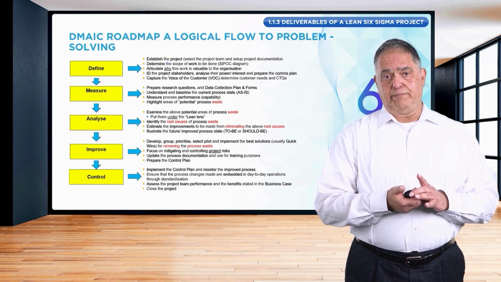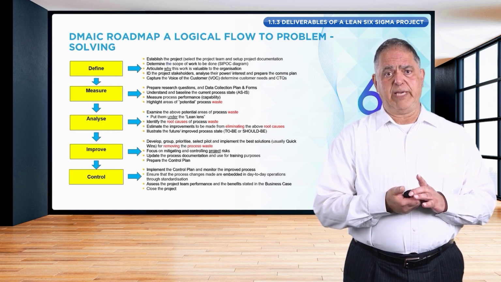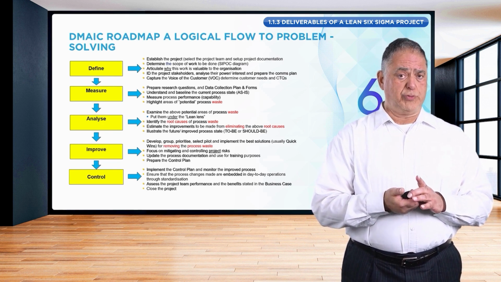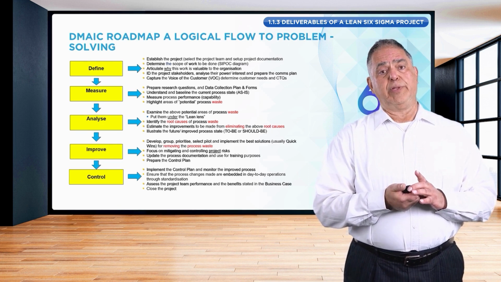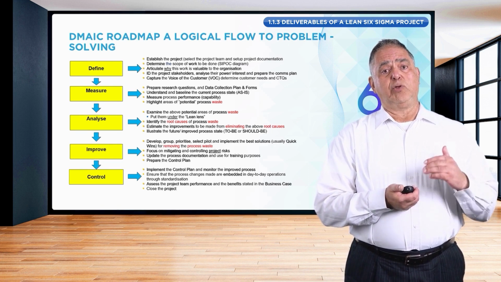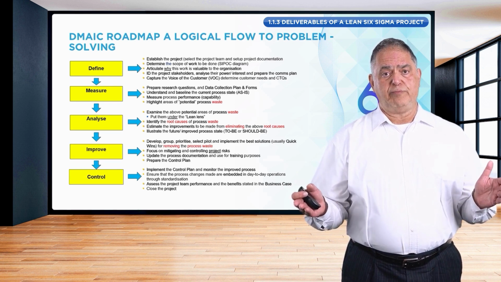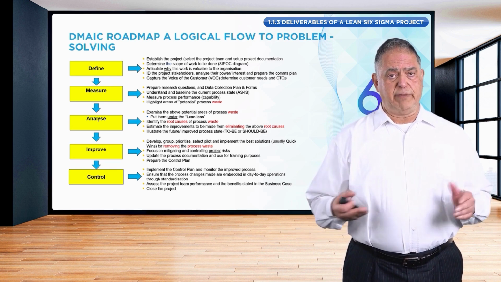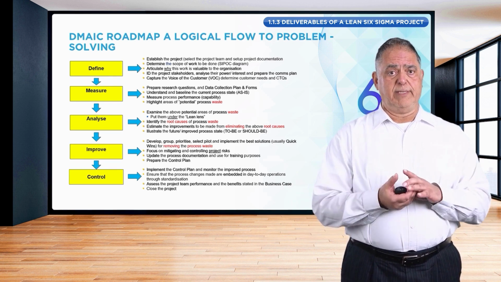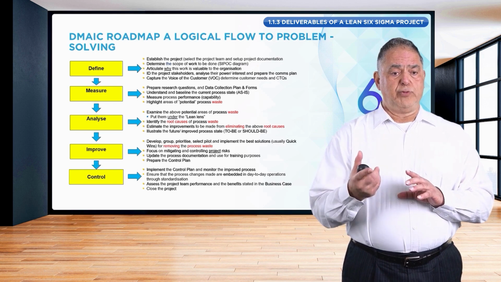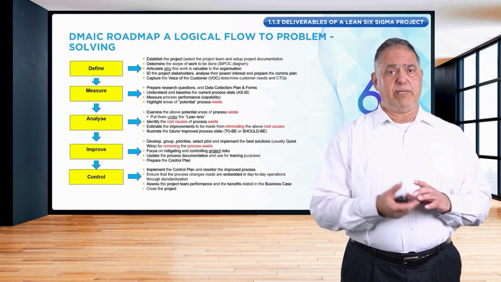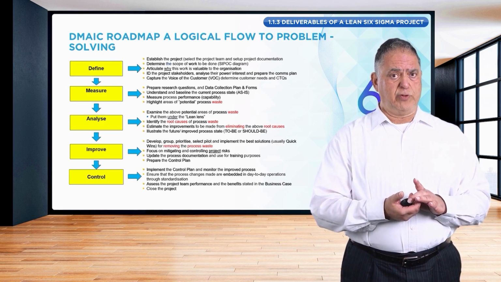The final step during the improve phase of DMAIC is to prepare the so-called control plan. So this plan has all the information that we need in order to monitor the improved process in the final stage of DMAIC, the control phase. So we prepare it during improve, and we implement the plan during the control phase.